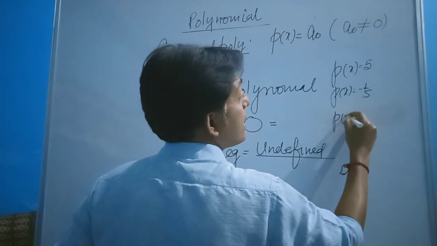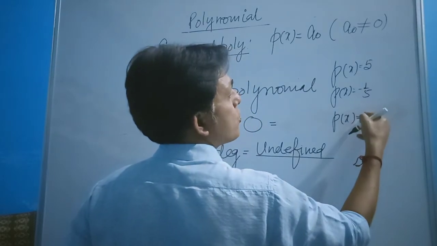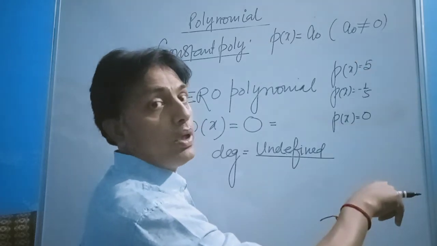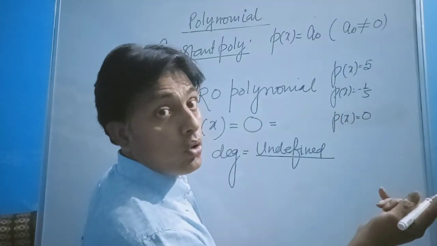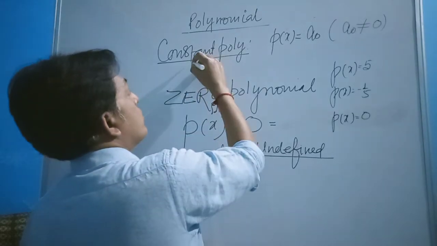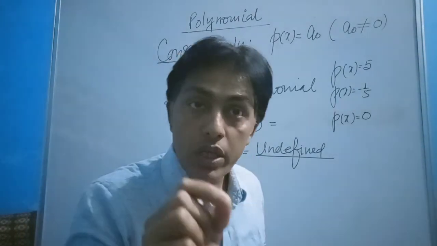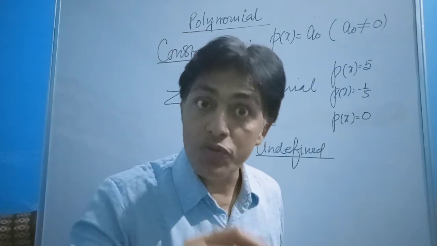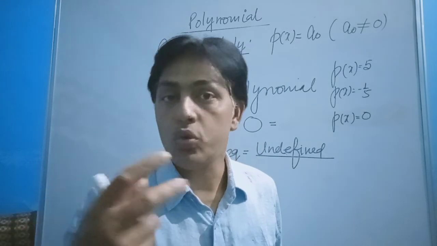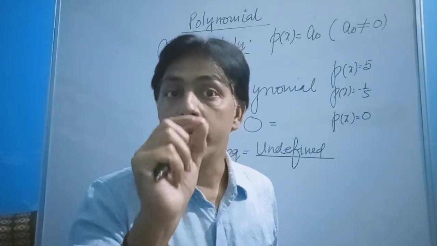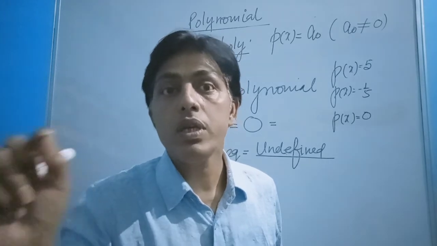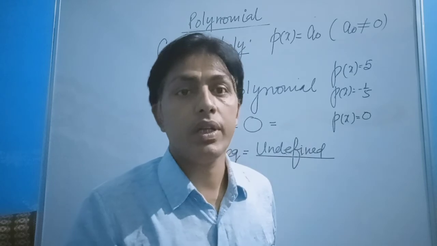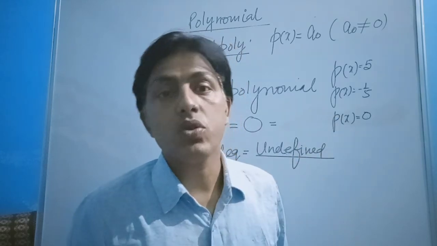But suddenly if you write px is equal to 0, the constant becomes 0, and the polynomial becomes the zero polynomial. And if it is not 0, it is constant. So the degree of constant polynomial is 0, but the degree of zero polynomial is undefined. So don't confuse these two. Degree of constant polynomial is 0, but degree of zero polynomial is undefined. Correct? So these are the kinds of polynomial.